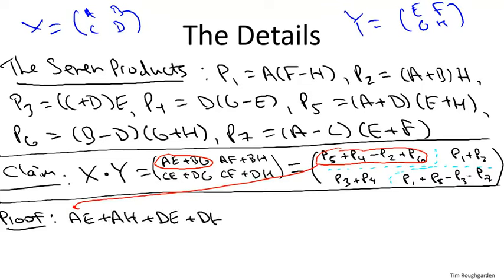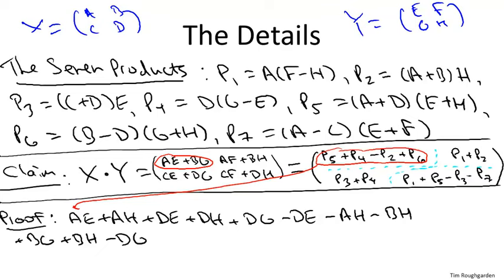Then we add P4, so that's going to give us plus DG minus DE. Then we subtract P2, so that gives us minus AH minus BH. And then we add in P6, so that gives us BG plus BH minus DG minus DH.